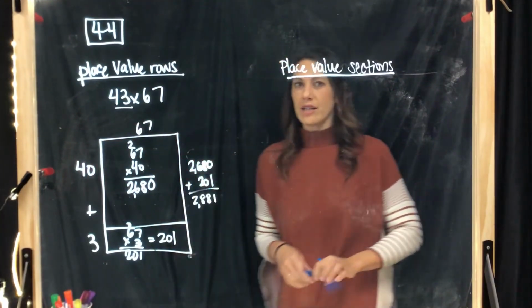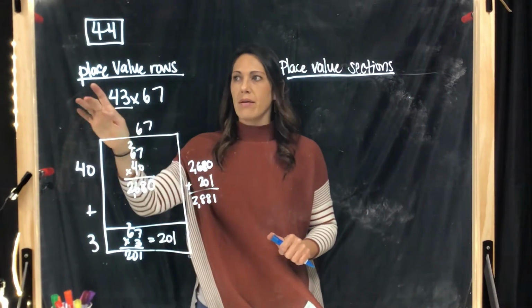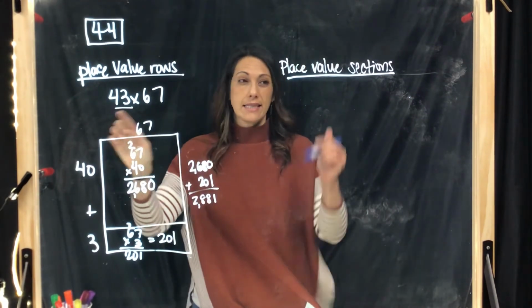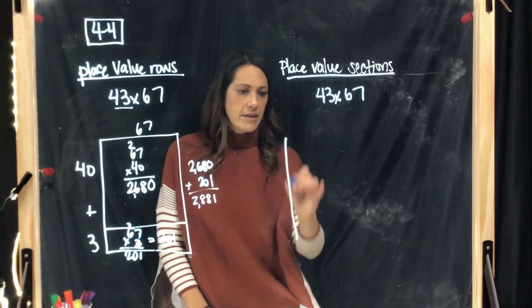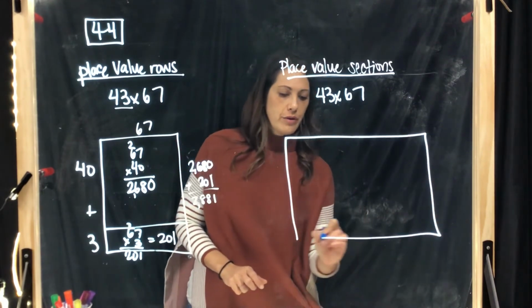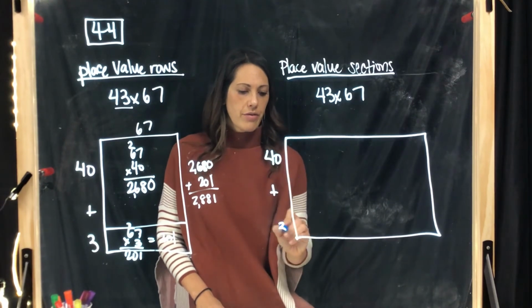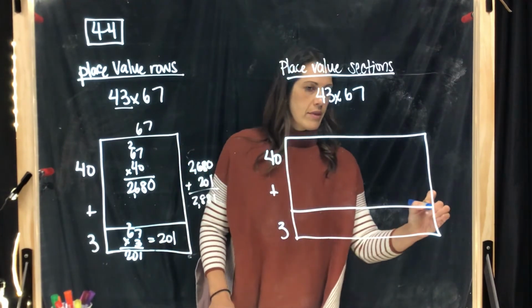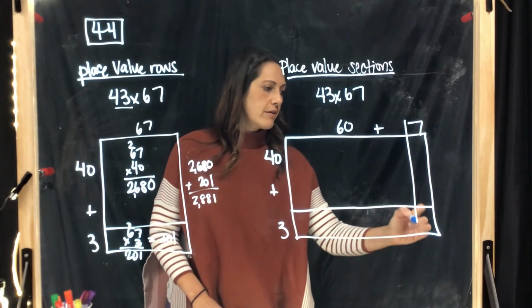All right, I want to take a look at the place value section, something we talked about in 4-3, and compare it to the place value rows. I'm going to take the same number again, 43 times 67, and this time, instead of just 1 row, I will have 2 separate rows. So I'm going to have my 40 here, plus the 3, and my 60 here, plus the 7.